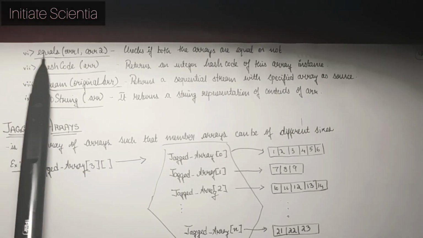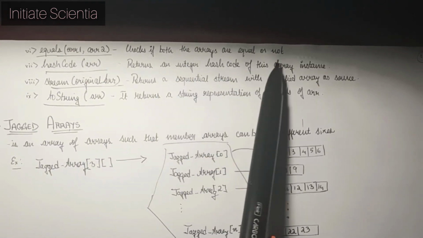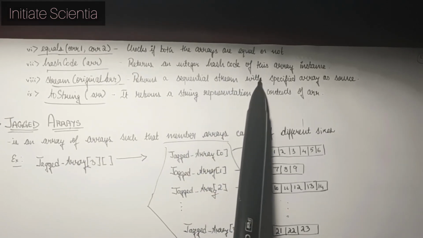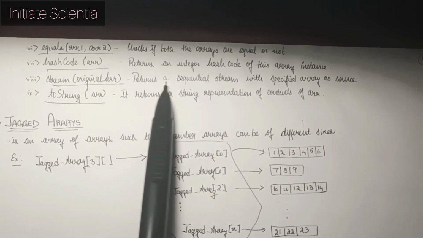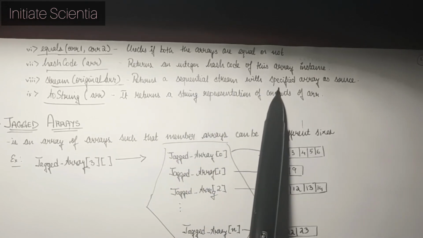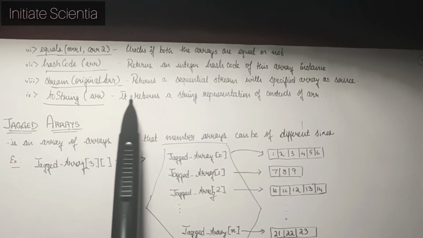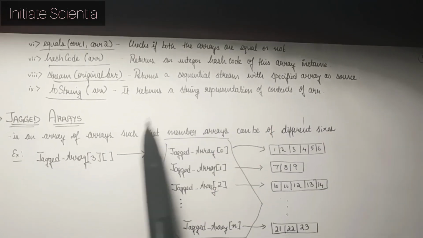Few more: equals(array1, array2) checks if both the arrays are equal or not. hashCode(array) returns an integer hash code of the array instance. stream(original array) returns a sequential stream with the specified array as the source. toString(array) returns a string representation of the contents of the array.